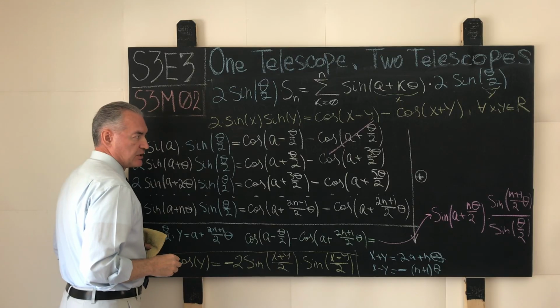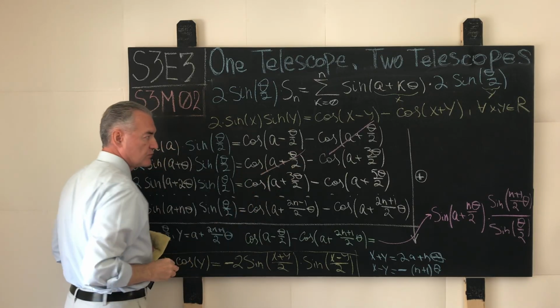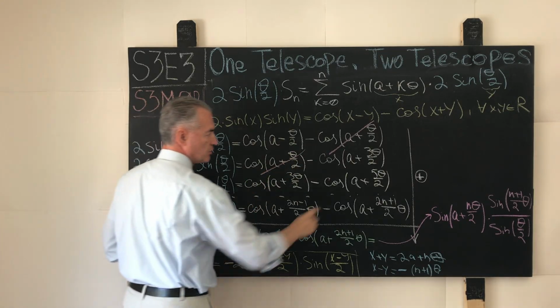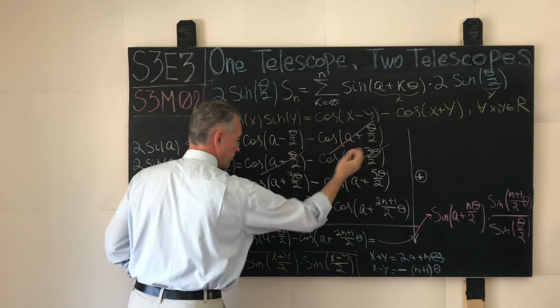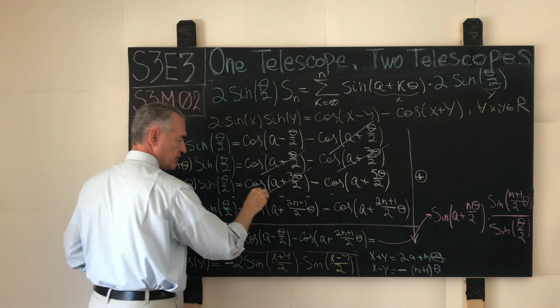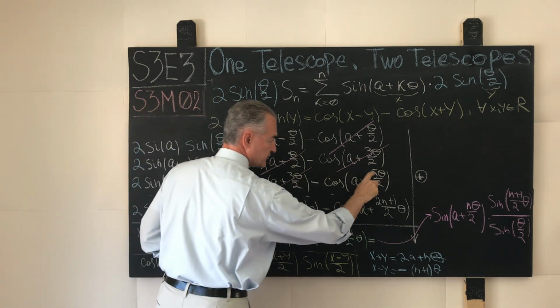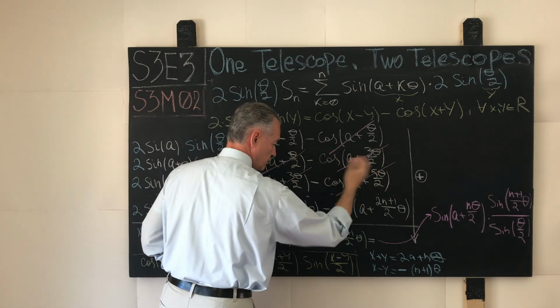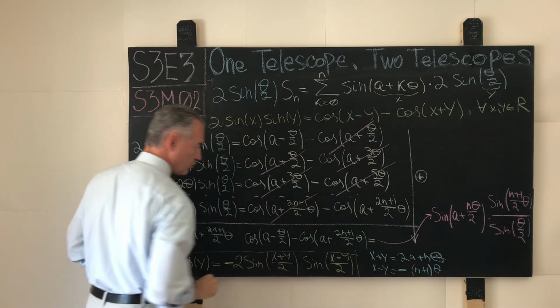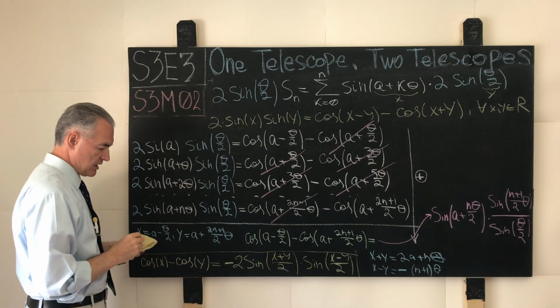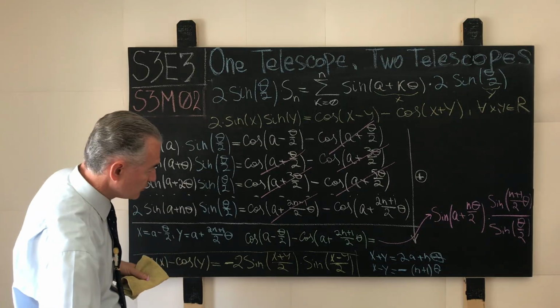Look at this. Cosine of a plus theta over 2, cosine of a plus theta over 2. Here we have a plus 3 theta over 2 in the northeast, and in the southwest we have this guy, a plus 5 theta over 2 in the northeast, and then so on, and eventually this term will also cancel out. And what terms will survive?